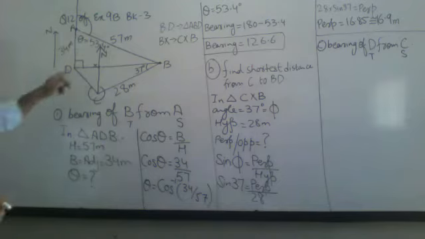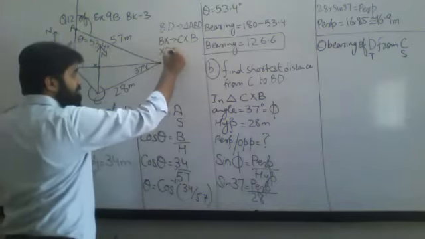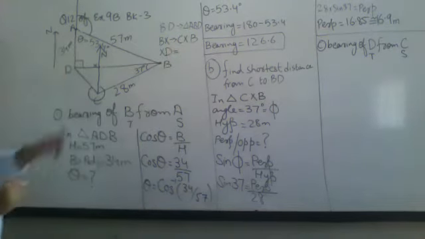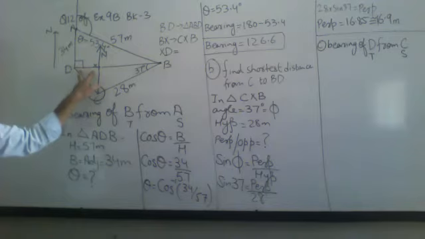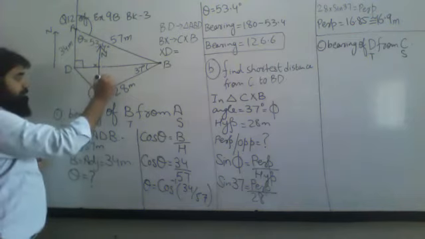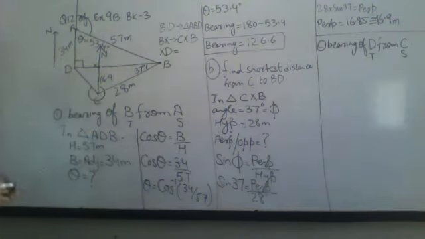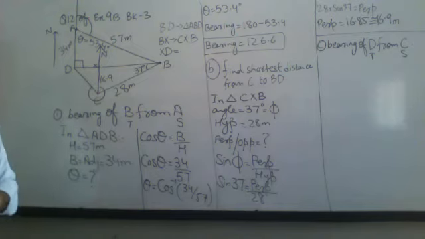After that, I will find the XD length by subtracting these two. Once I've got the XD length, along with this one, which is 16.9, I will solve these two to get this angle and then subtract it from 360. First of all, I'm doing it with this one.